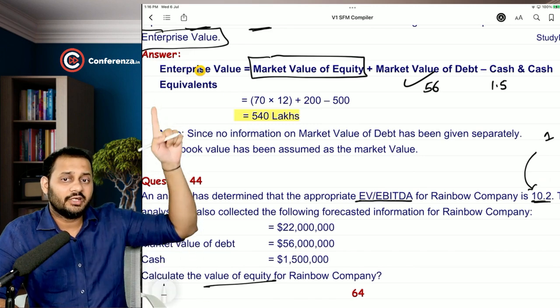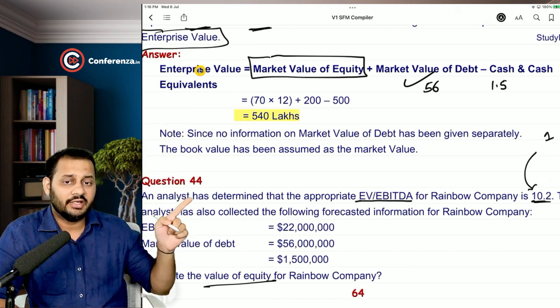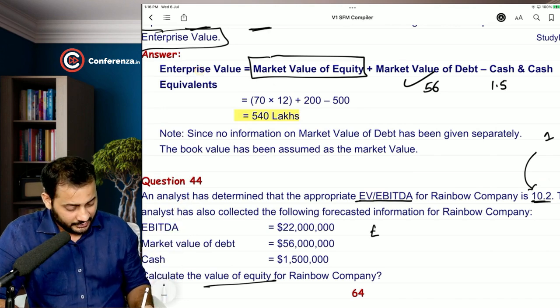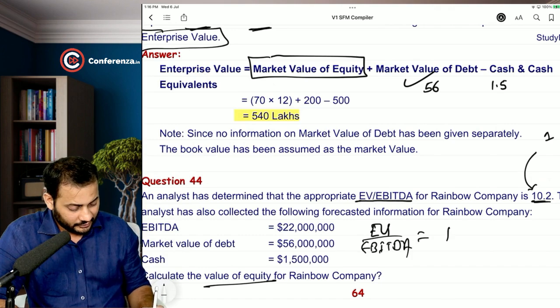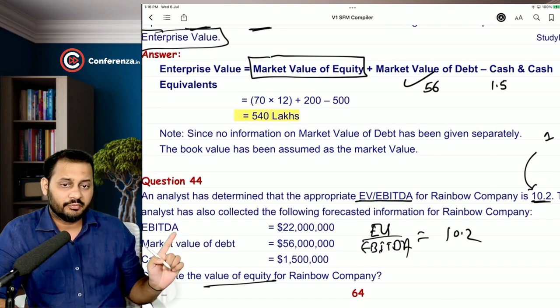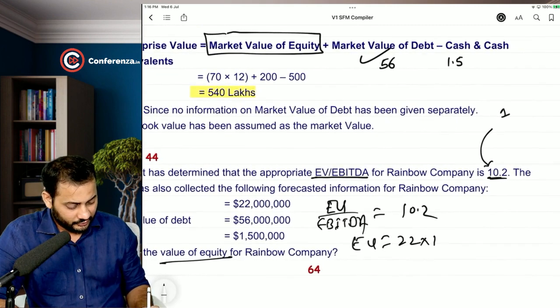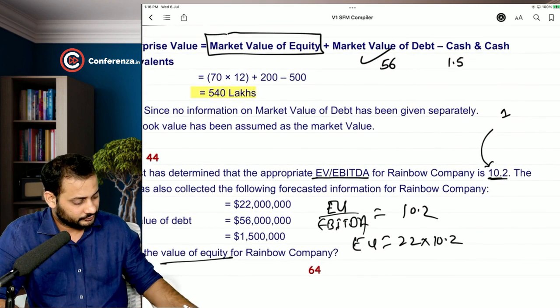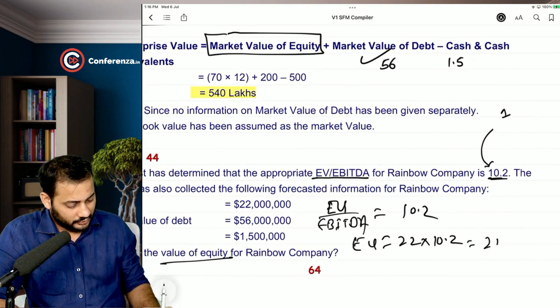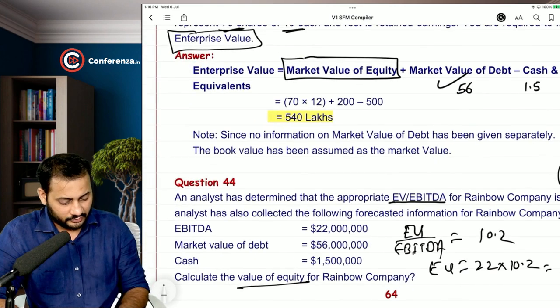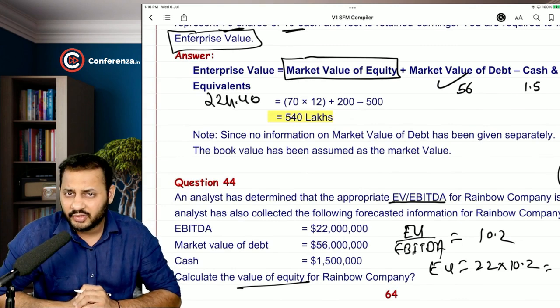And enterprise value can be calculated by using the EV by EBITDA multiple. EV divided by EBITDA is equal to 10.2. You put the figure of EBITDA 22 million there. So EV is equal to 22 into 10.2, which is 224.4.